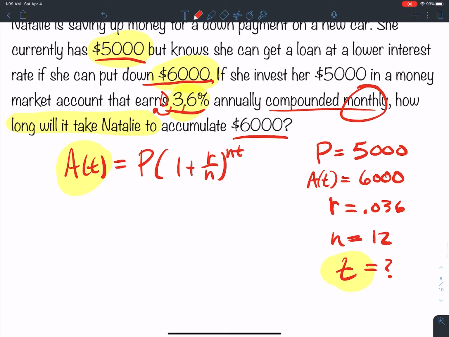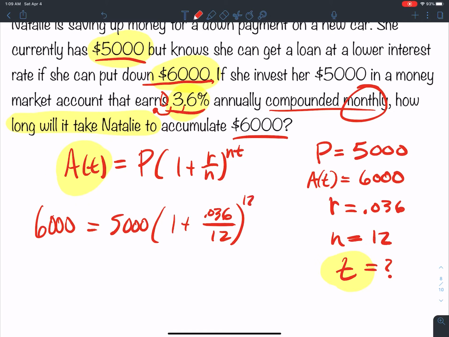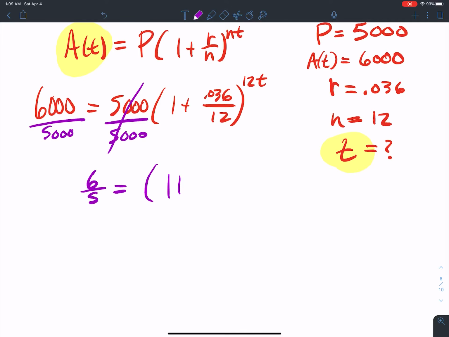So plug in our numbers. 6,000 equals 5,000 times (1 plus 0.036 over 12) raised to the 12t. So what do I need to do first to solve this problem? First thing you do is divide by 5,000. Divide through by 5,000. What do you get? You get 6 over 5 equals 1 plus 0.036 over 12, raised to the 12t.